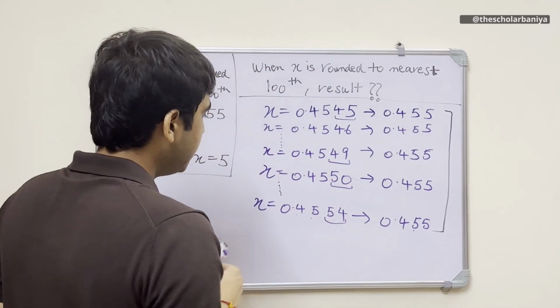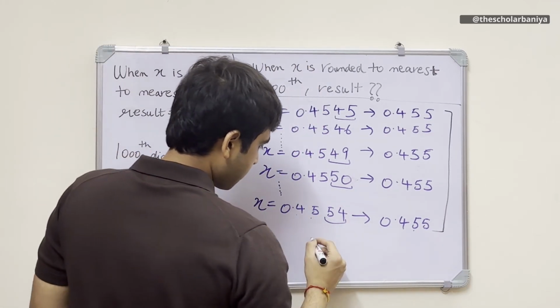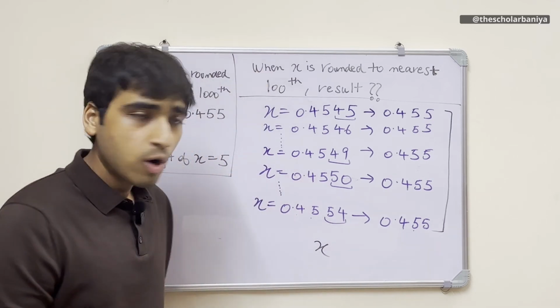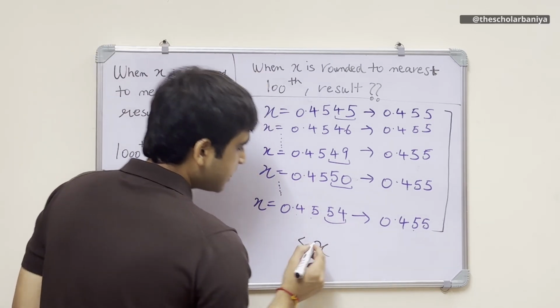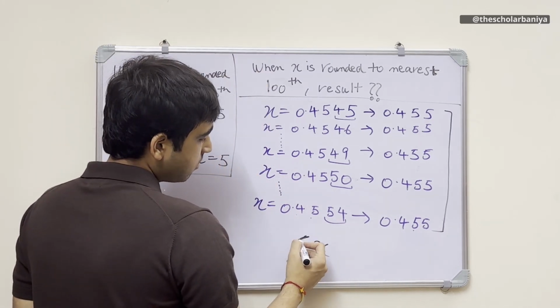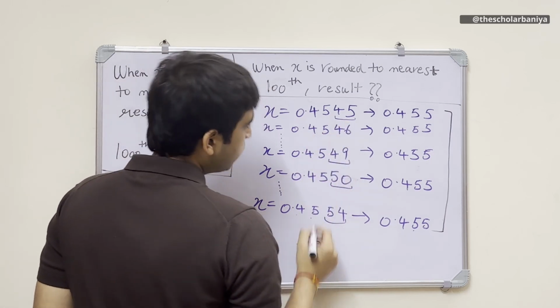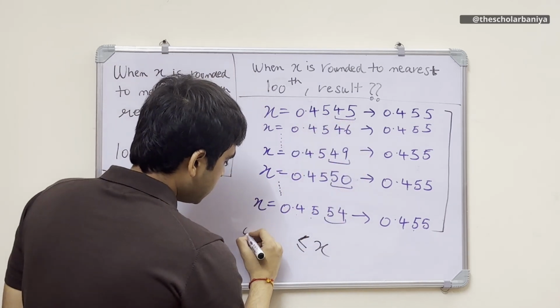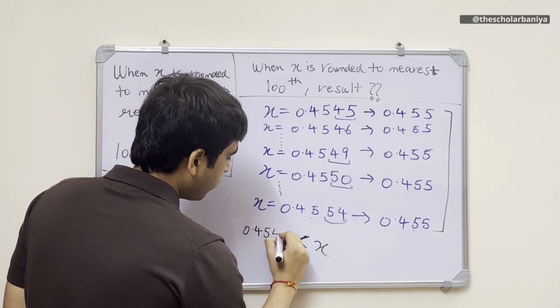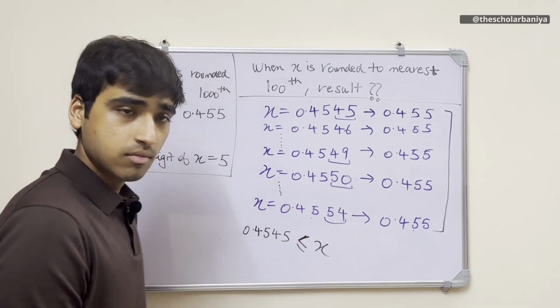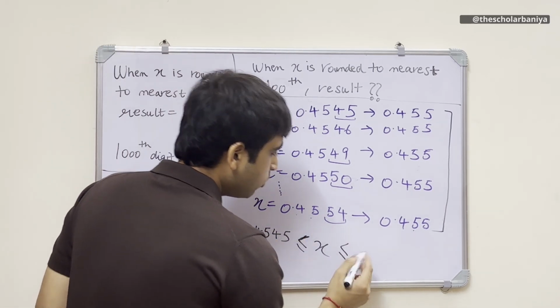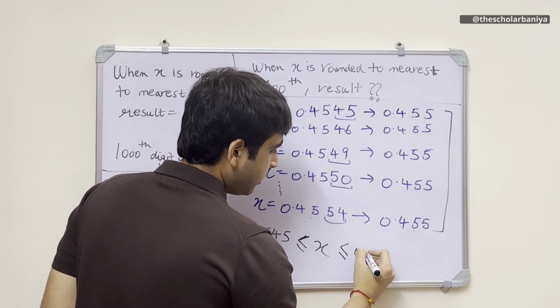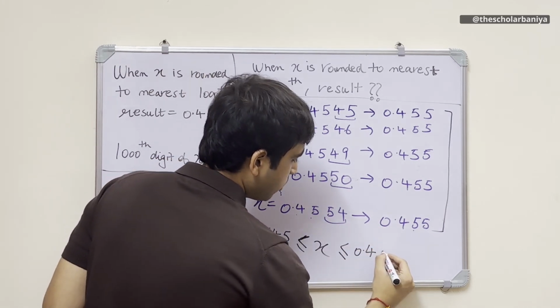That means the value of x is greater than or equal to 0.4545 and less than or equal to 0.4554.